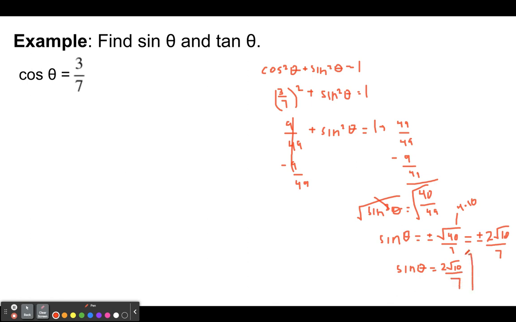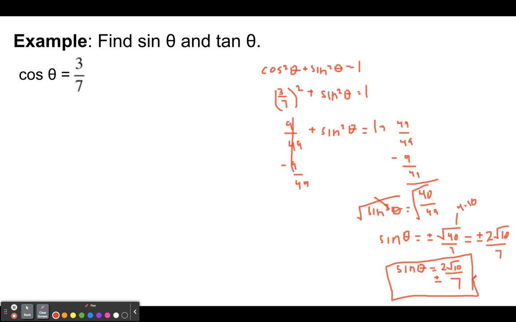Now that I know what my sine of theta is, I'm just going to go ahead and add plus or minus to the side. And then now I'm going to go ahead and solve again for tangent. Because remember, now that we have sine and cosine, we do have the ability to solve for the tangent of theta as well.